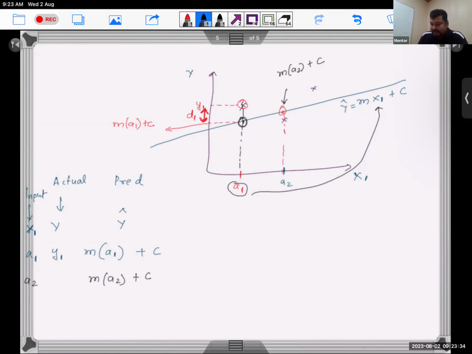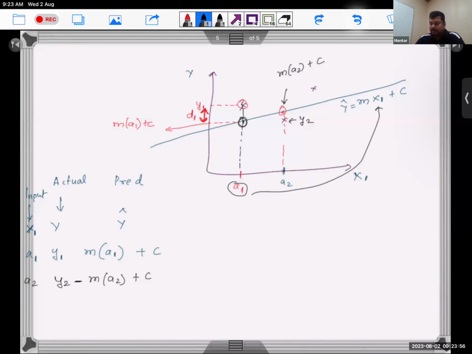And the actual value, if this is given to you, this value is say y2. So what would be the difference between the values? Basically, can I say y2 minus of this? I can put it like this, right?